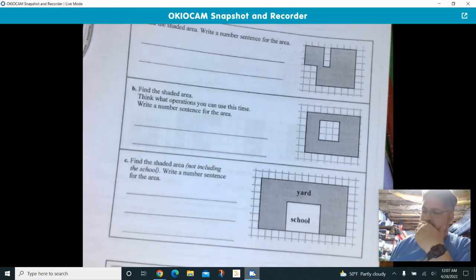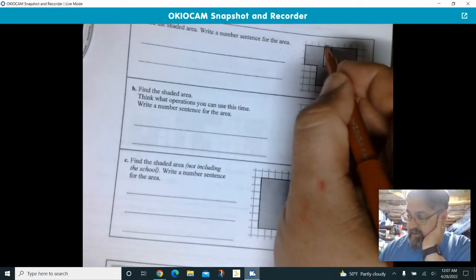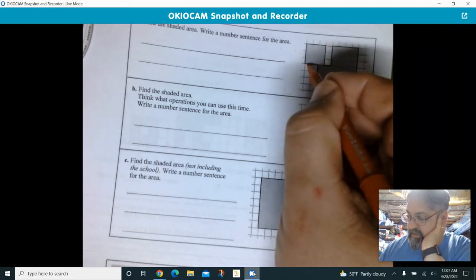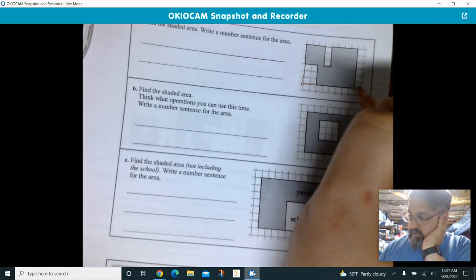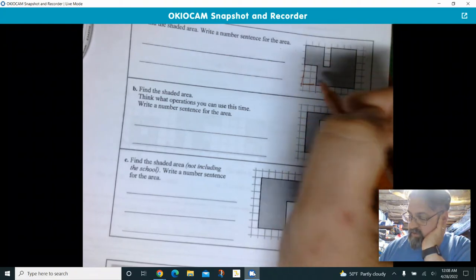Find the shaded area. Write a number sentence for the area. Okay. Well, you could pretend that this area is filled in and that this area is filled in. Get the whole area there, then subtract those blocks and those blocks.